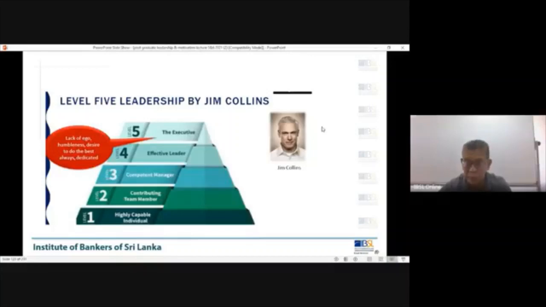You may be competent, full of knowledge, attitude, attributes, technical knowledge and required skills, and then he definitely becomes an effective leader. Once you go to the fifth level, you have to have specific characteristics like this. That is what Jim Collins talks about as the five levels of leadership style.